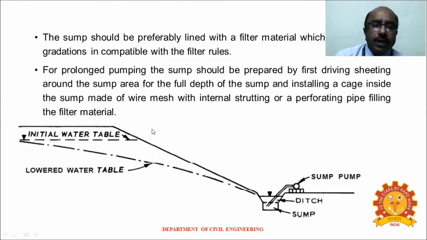The sump is preferably lined with filter material so that we can pump out only the water, not the soil along with it. This is very useful in the case of a sloping structure, so that the initial water table, because of the excavation, can be lowered.